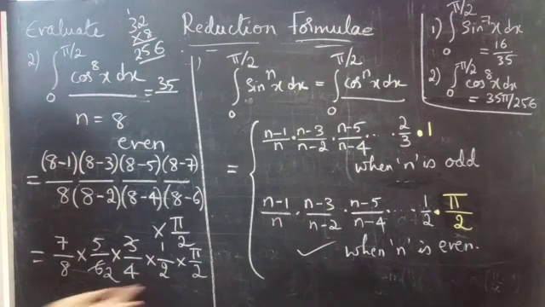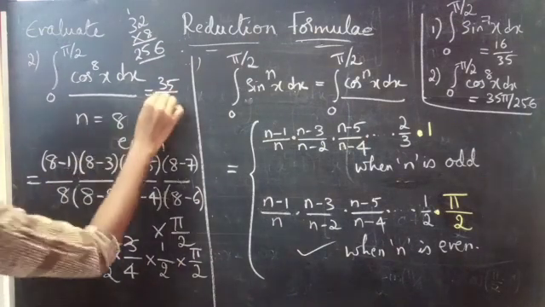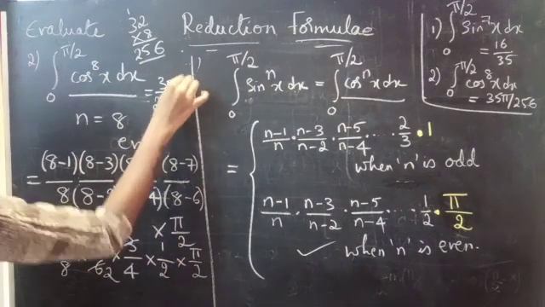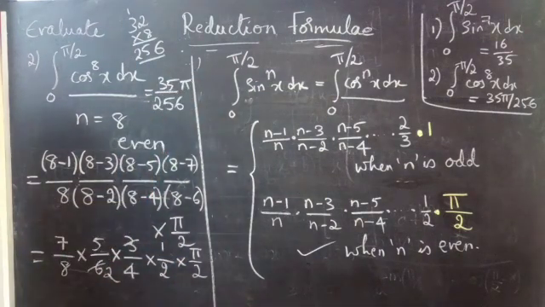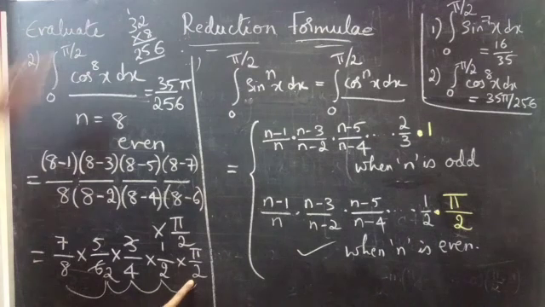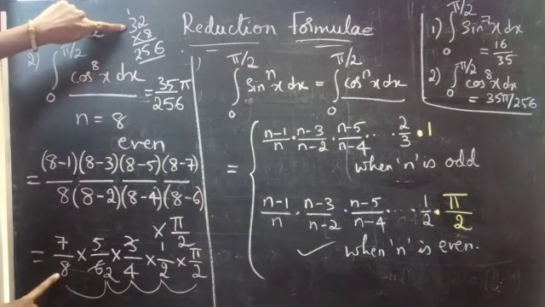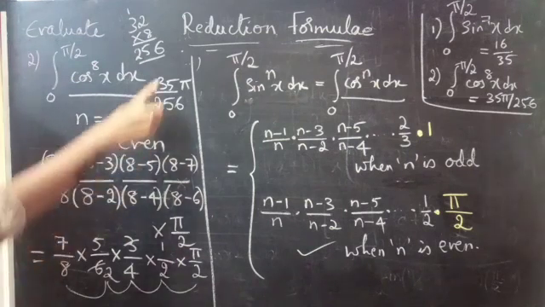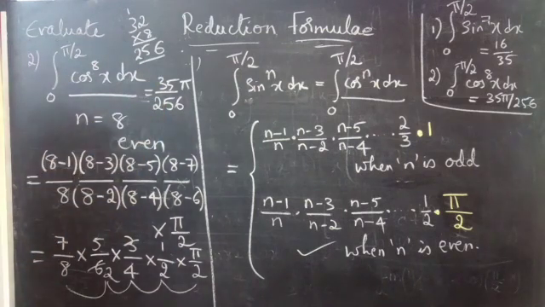So in the denominator you get 256, into pi. 2 4s are 8, 8 2s are 16, 16 2s are 32, into 8 is 256. So the answer is 35 pi by 256.